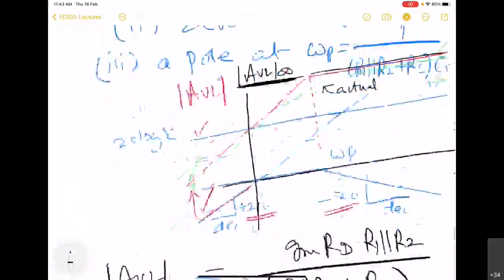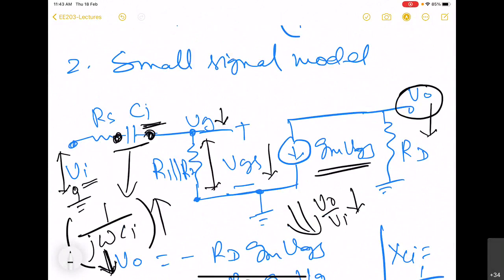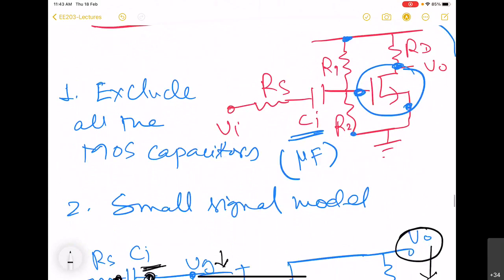So here we have to include this Ci, so that the DC and the input time varying signal can be isolated, right? So here this capacitor Ci.